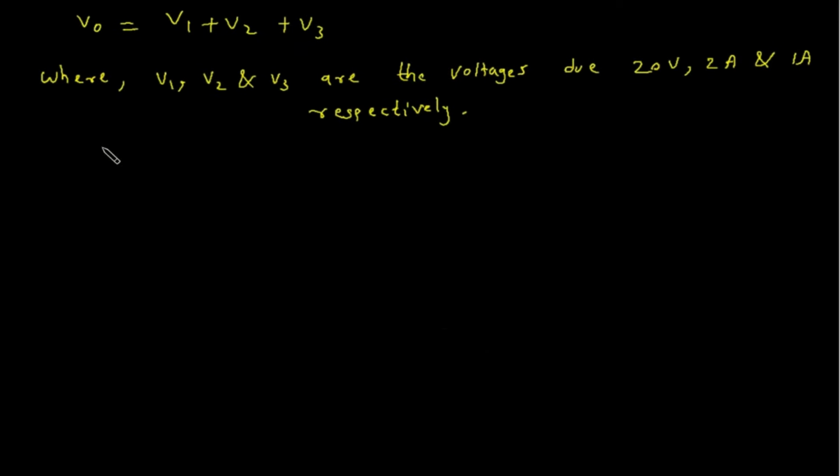So to find V1, we will consider 20 volt and turn off all other sources.